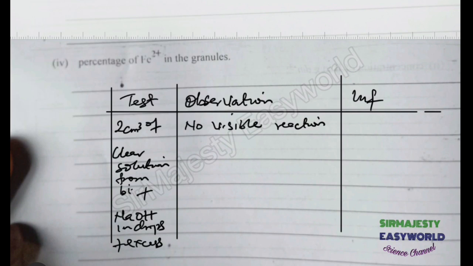But for me, I did not get any visible reaction, and possibly because the lead 2 chloride formed is also insoluble. The solubility of lead 2 chloride in water at 20 degrees is very, very insignificant, and we are talking about just 2 cm cube.